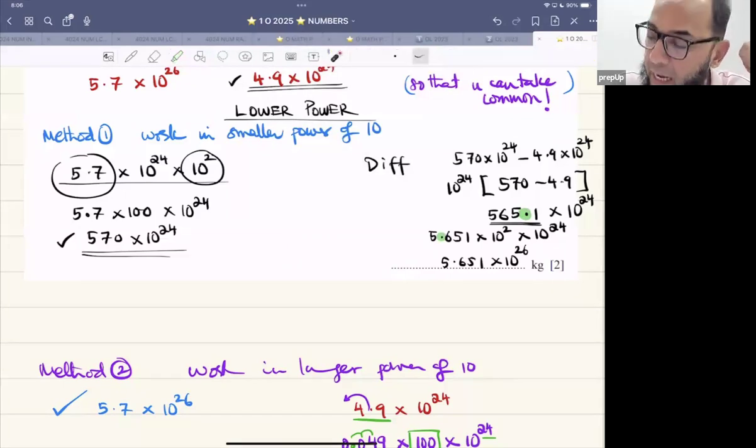So basically now you are writing 1 and 2. So that is 5.65 into 10 to the power 2. So basically you use this up, now you're using it again. Now this has to lie between 1 and 10, 10 not inclusive. 10 power 2 times 10 power 24 is 10 power 26. This is the lower power method.